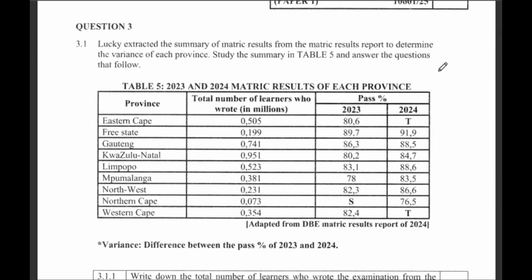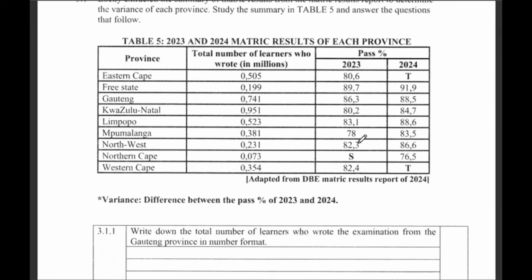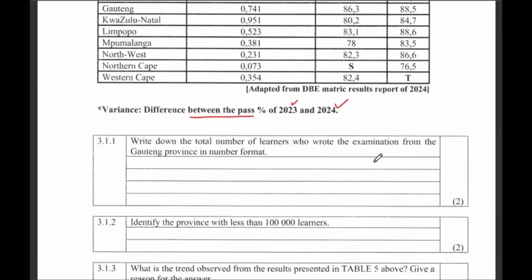Okay, so we have all the 9 provinces, and we have the pass rate between 2023 and 2024. And then they're telling us that the variance is basically the difference between the percentage pass of 2023 and 2024. Okay, then we go on.